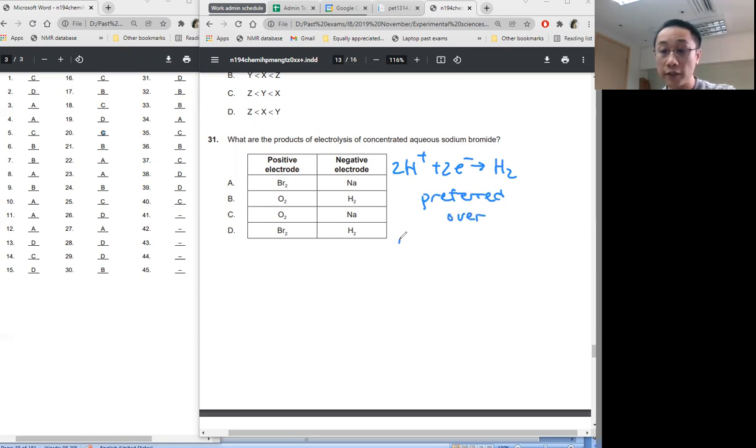That's a preferred reduction reaction. It's easier to achieve in terms of energy. Therefore, the answer is B over D. At the positive electrode, when you have a concentrated halide solution, typically the halogen will be the major product. And the answer is D.